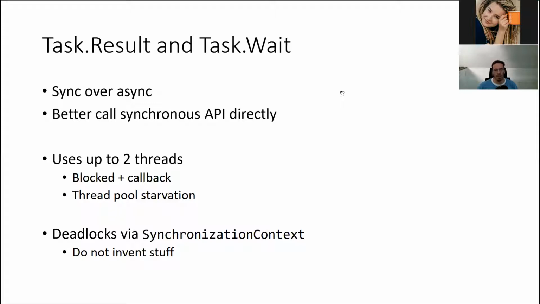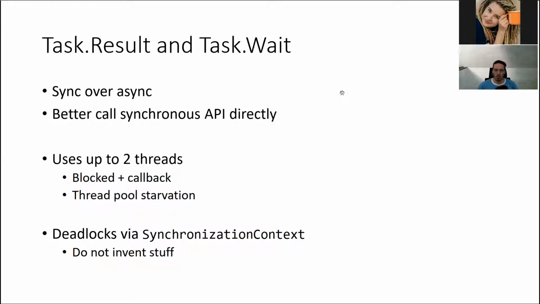The first thread will be the one that's being blocked. The other one is then processing the callback, and because of thread pool starvation, the thread pool detects that there is one thread that's being blocked, and it might actually inject a new thread. So you will consume one thread directly and one thread indirectly.